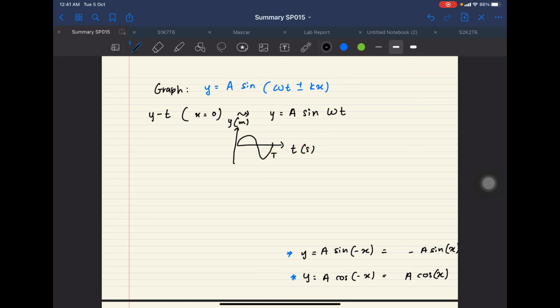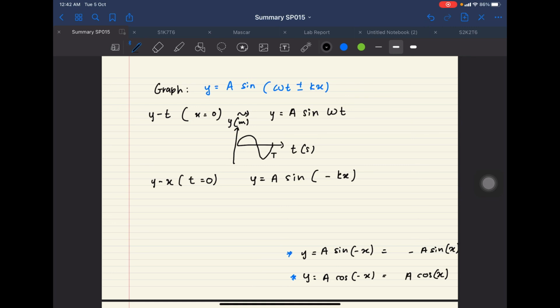If they ask you to draw y against x, they need to give you the value of t. Let's say t is equal to 0, and let's say you're drawing y equals a sine, where omega t becomes 0. Let's say I put this one as negative kx, just to make things interesting.